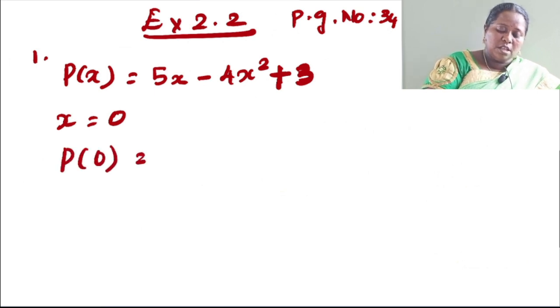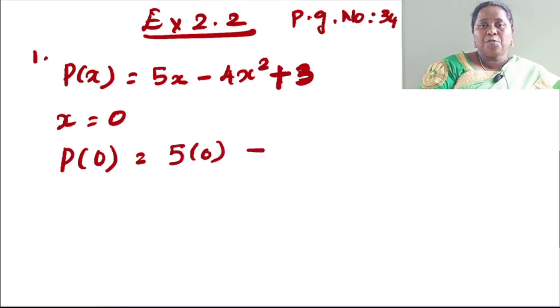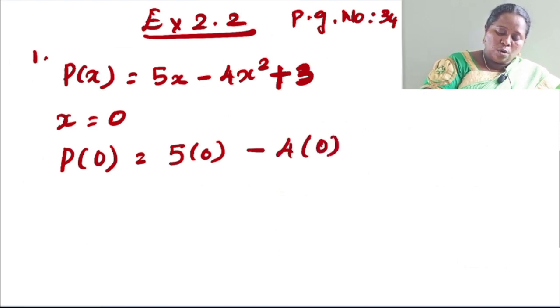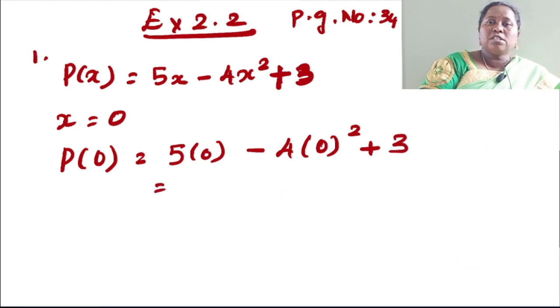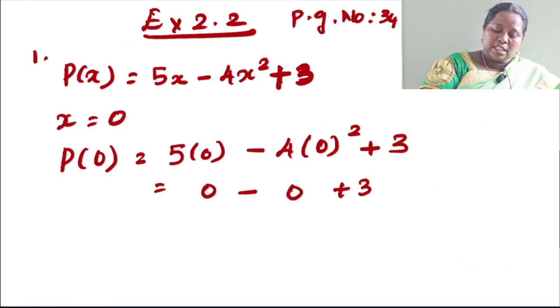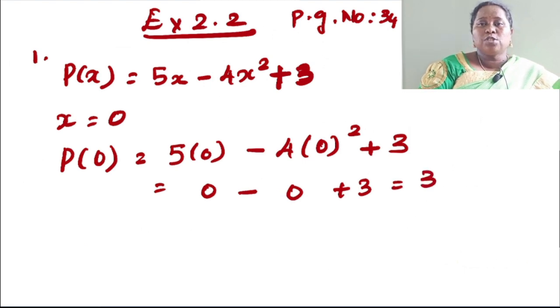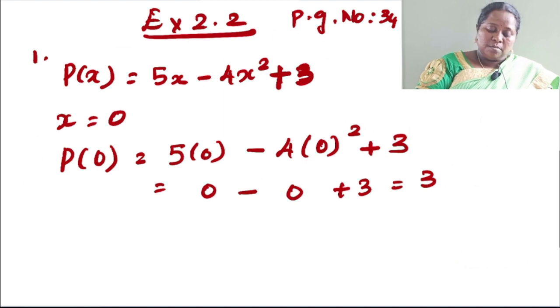Suppose p of 0 is equal to 5 into 0 minus, instead of x I am going to substitute 0, then 4 into 0 the whole squared plus 3. 5 into 0 is 0, minus 4 into 0 is 0, then plus 3. So the answer is 3. At the point of 0, the polynomial will be getting the value 3.